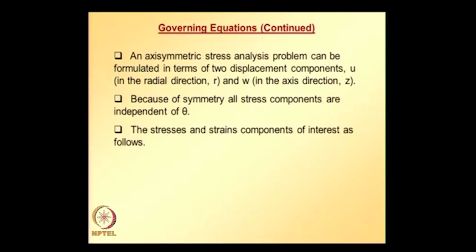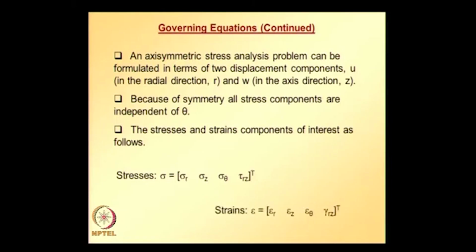Stress and strain components of interest are as follows: 4 components of stress, sigma r, sigma z, sigma theta, tau r z. All these components are put together in a vector denoted with the letter sigma.